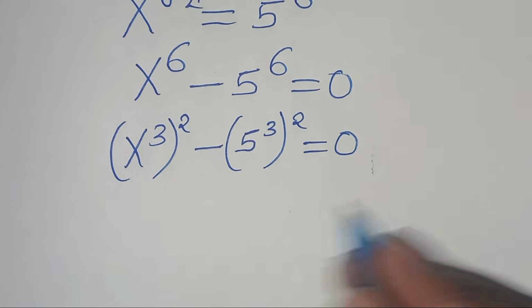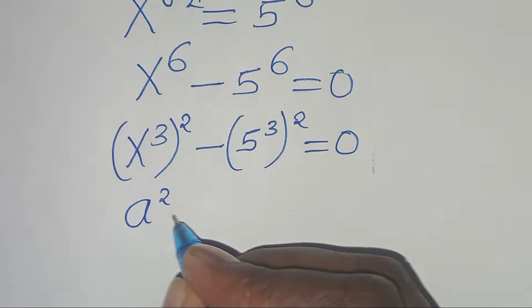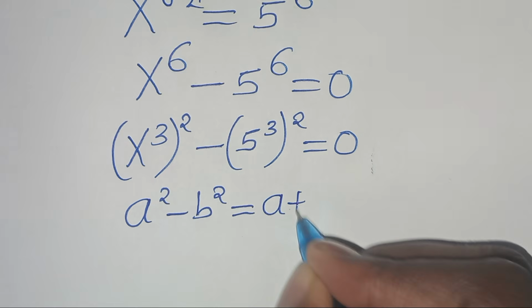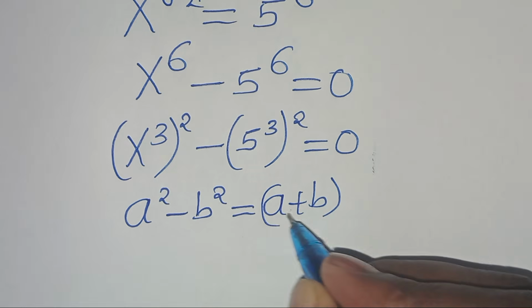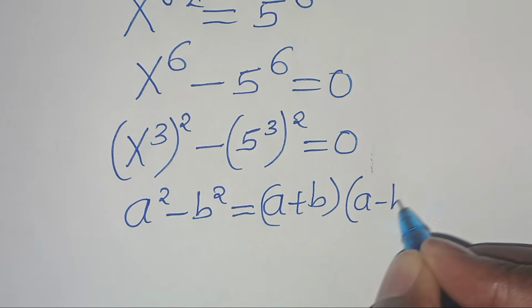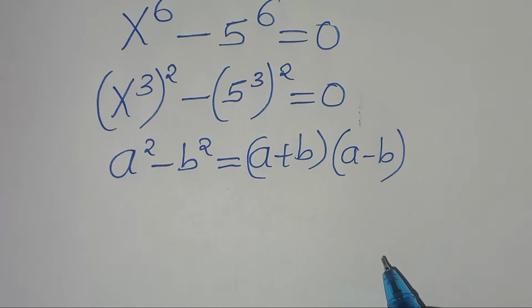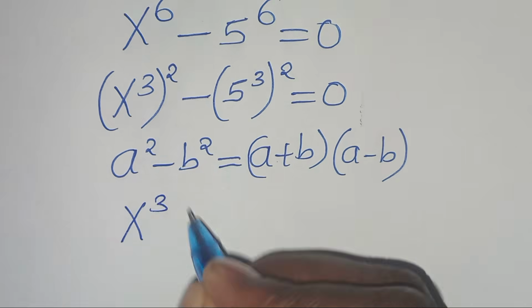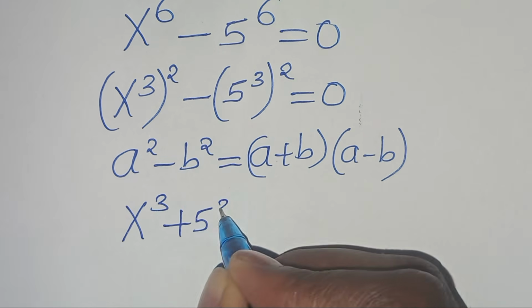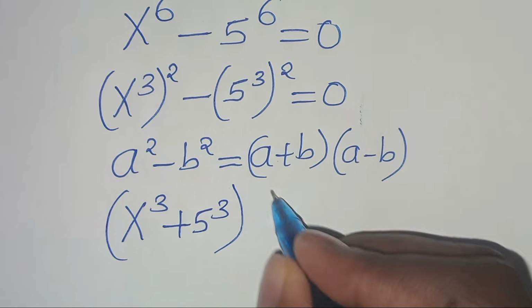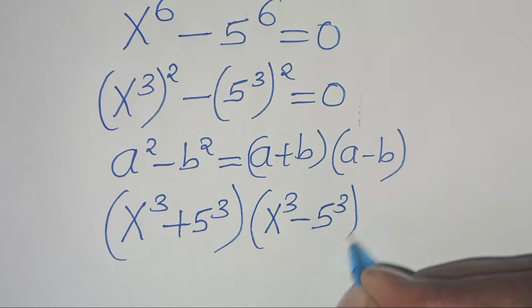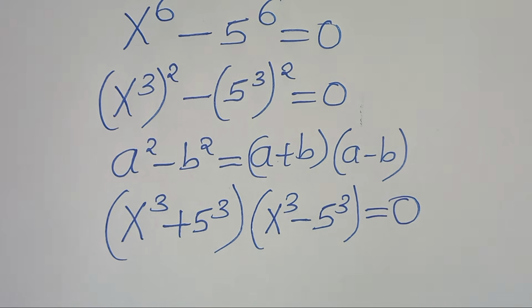This equation is of the form a squared minus b squared, which is the difference of two perfect squares, which we can express as a plus b times a minus b. Applying this identity, we have x to the power of 3 plus 5 to the power of 3, multiplied by x to the power of 3 minus 5 to the power of 3, equal to 0.